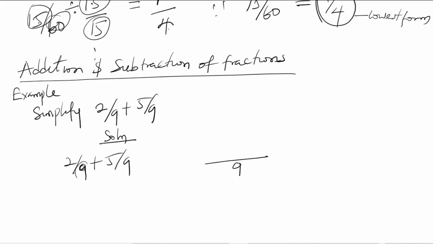Since both fractions have the same denominator, 9 and 9, we write down the 9. 9 divided by 9 is 1 times 2 is 2, plus 9 divided by 9 is 1 times 5 is 5. So this becomes 7 over 9. This is a proper fraction.